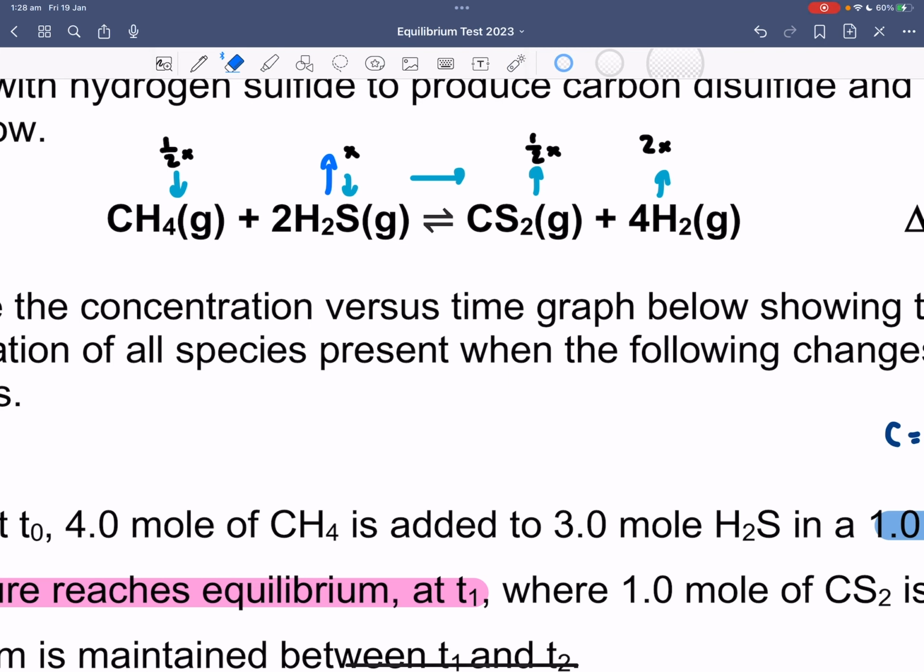It's going to be easier. Rather than calling this x, it's confusing to have half there. What I'm going to do is say that the H2S goes down by 2x. If the H2S goes down by 2x, the CH4 goes down by x, the CS2 goes up by x, and the H2 goes up by 4x. It will just be easier to work with.